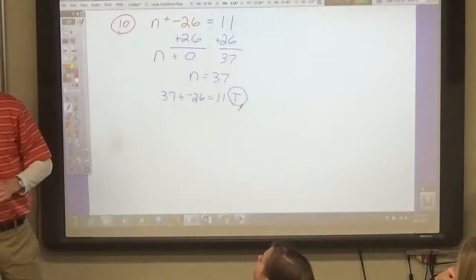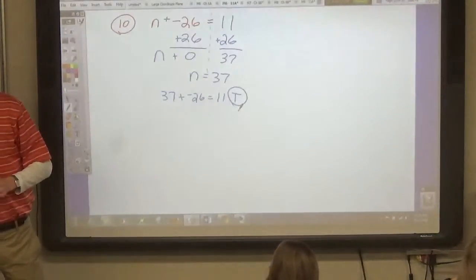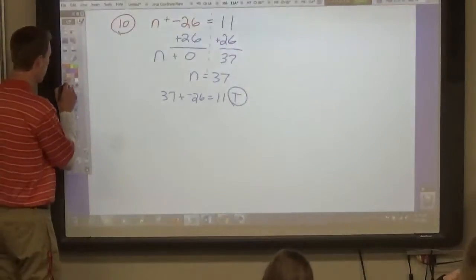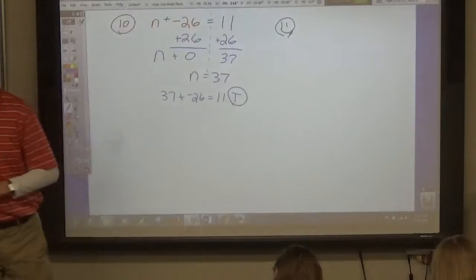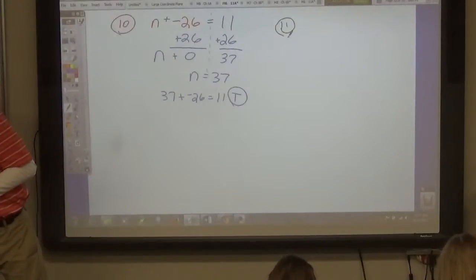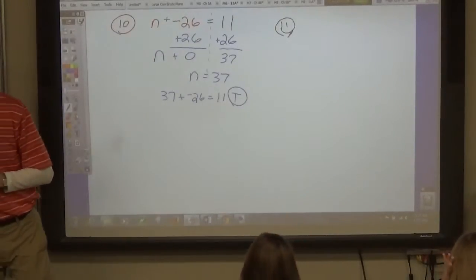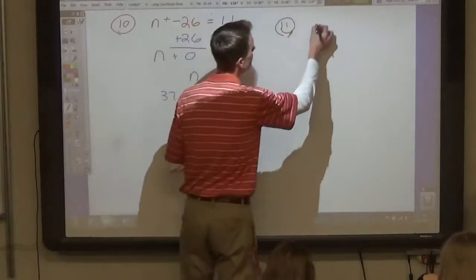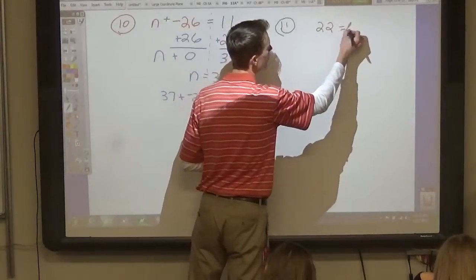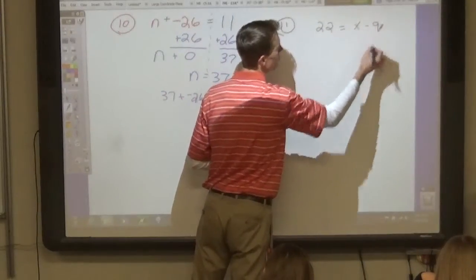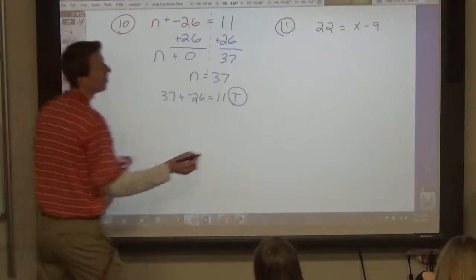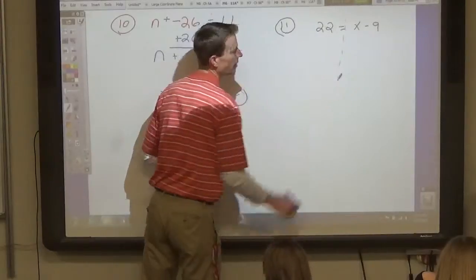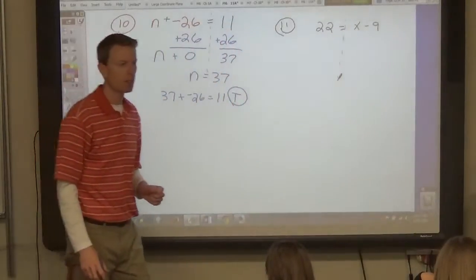We got it. Let's do one more, number 11, because 11 is just a little bit different. I want to make sure that we do 11 correctly, because it has the sides reversed. 22 equals x minus 9. Okay? Then, draw a dotted line, separates the sides.